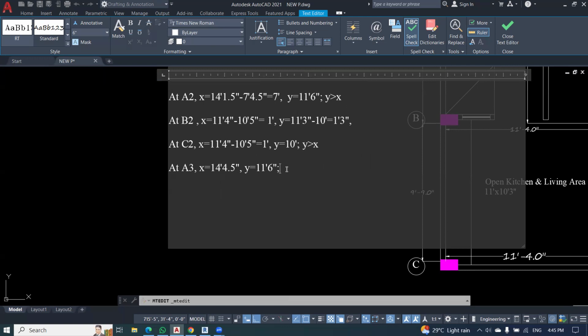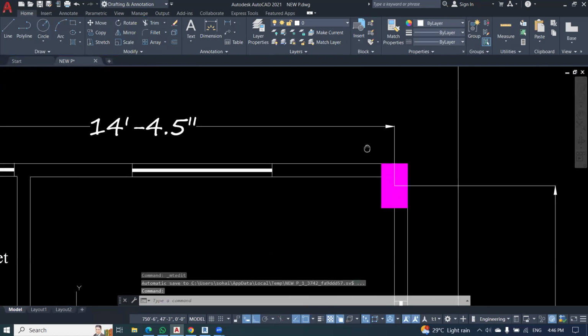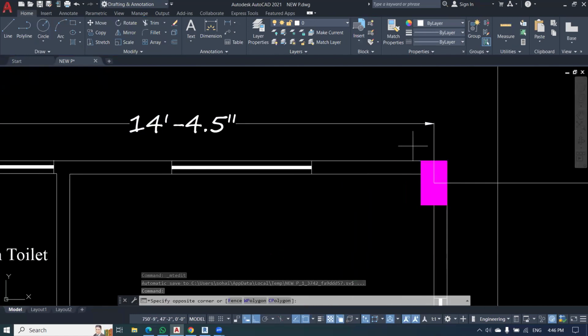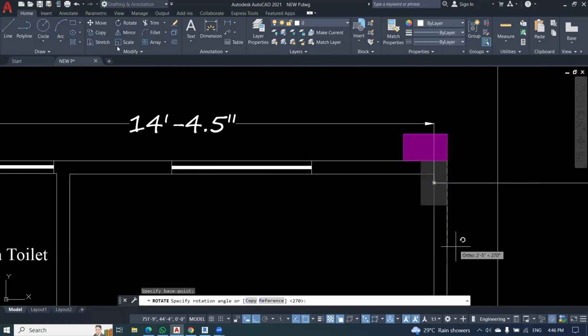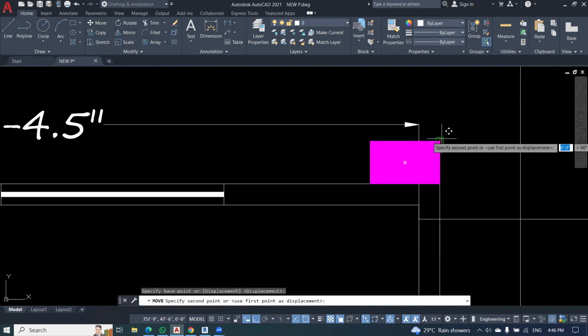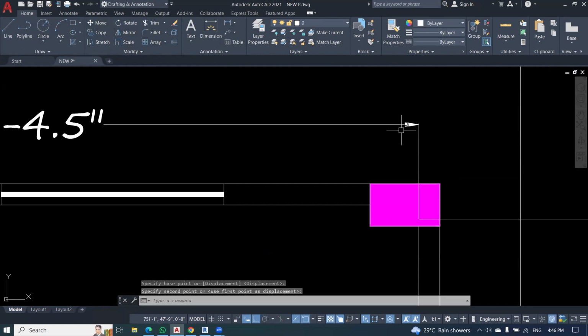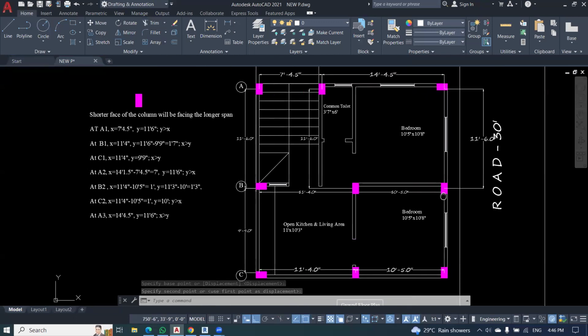No. So x is greater than y. So column should be facing towards the horizontal span. यहाँ पे horizontal span है. Now place it like this. Select this one. Go for positioning over here, exactly at the corner. Done? Yes. Now the next thing is B3.